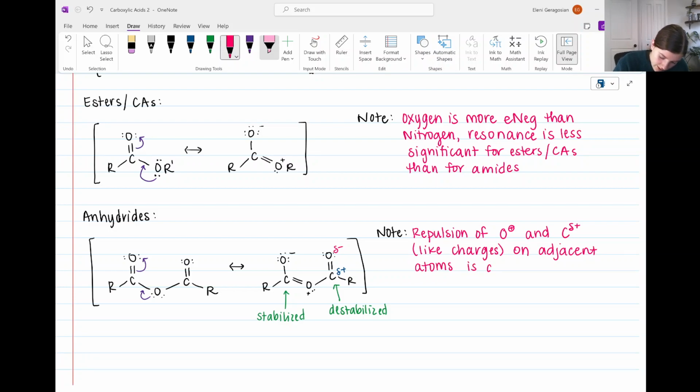This is destabilizing. So that means that this resonance structure, the second resonance structure, is less significant. Or just this resonance from that central oxygen in general is less significant for anhydrides than it is for esters.